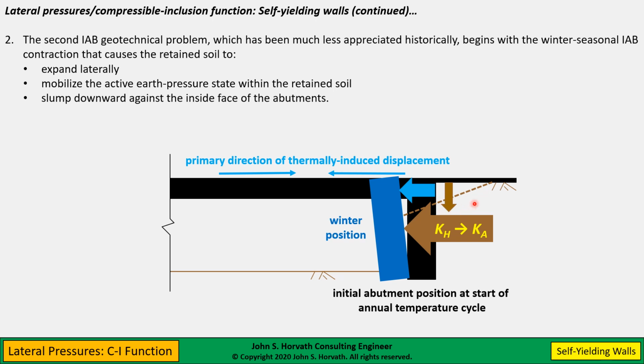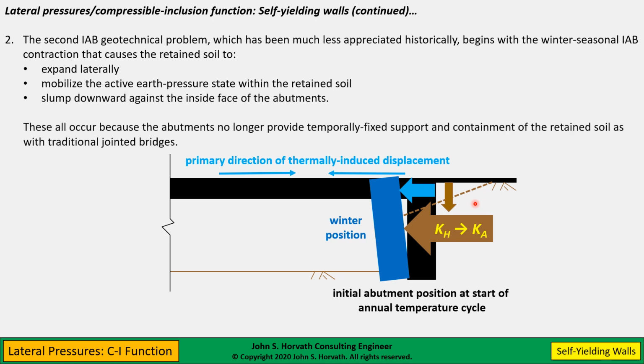Well, as we'll see, this has a couple of negative consequences. And as I said, this slumping occurs because the abutments no longer provide a temporarily fixed support and containment of the retained soil, as with traditional jointed bridges, where these abutments are fixed in time and space.